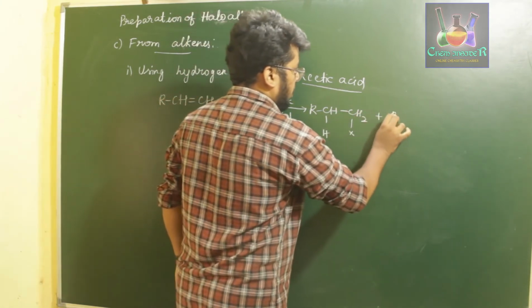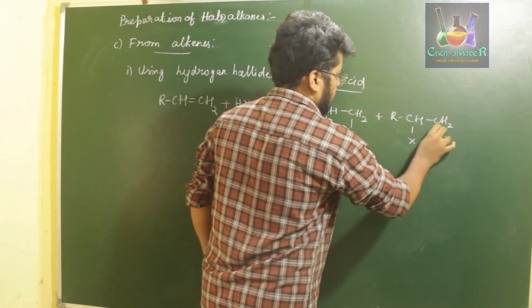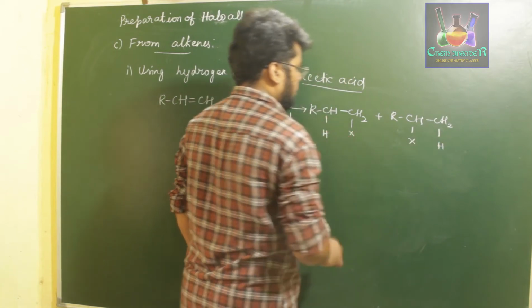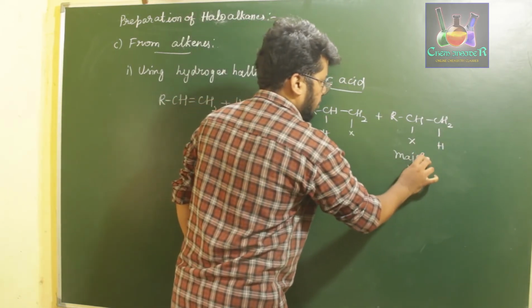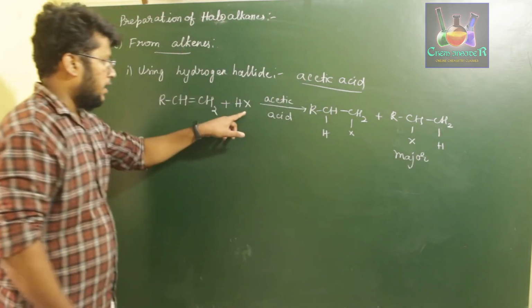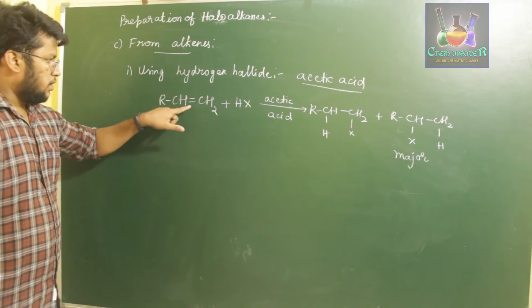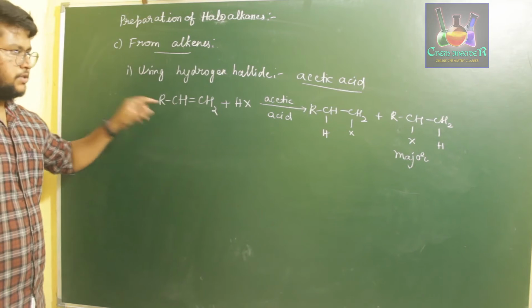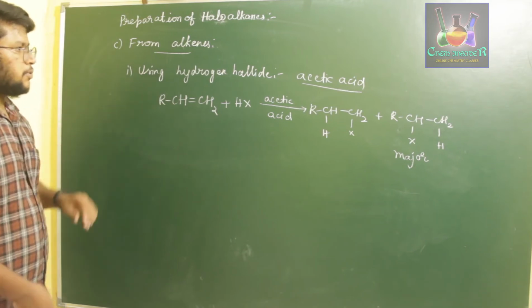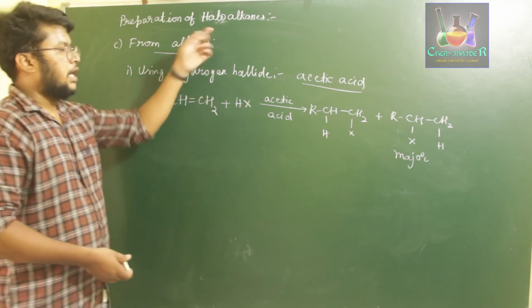One more product will be RCHX-CH3. Out of these two products, this will be our major product. This is because the halogen atom of the hydrogen halide gets attached to that carbon atom which is involved in a double bond and has a lesser number of hydrogen atoms. Okay, so this is about the addition of hydrogen halide to alkenes to prepare our haloalkane.